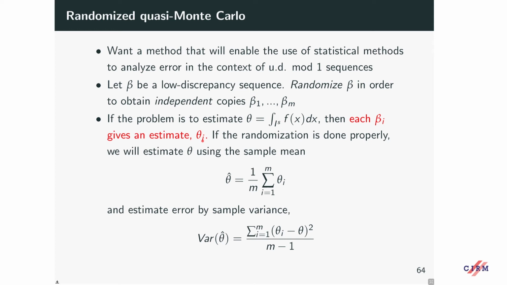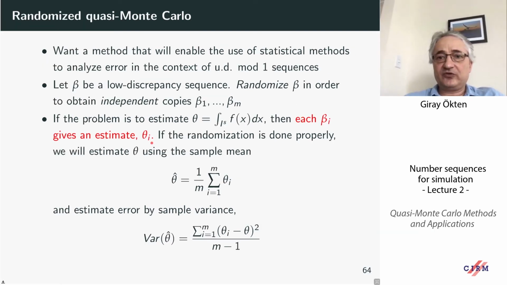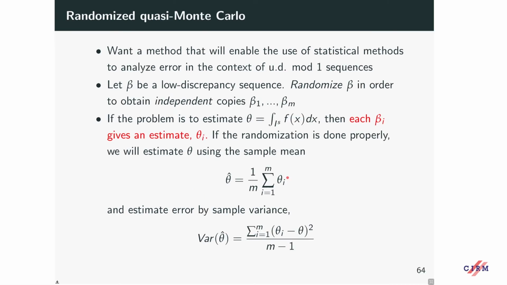We'll compute the function average on the elements of beta i, and that's going to give you theta i. And once you do that for all the betas, you are going to end up with estimates theta 1 through theta m.